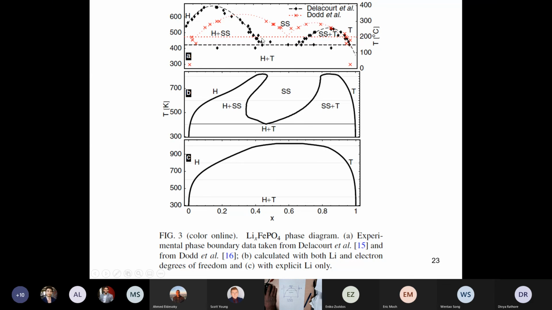And then you can see experiment up here. So there's experiment by two different groups where they plot these phase boundaries. They don't look like the theory at all, but they do show this very strange behavior where there's first one two-phase region and then a second one.